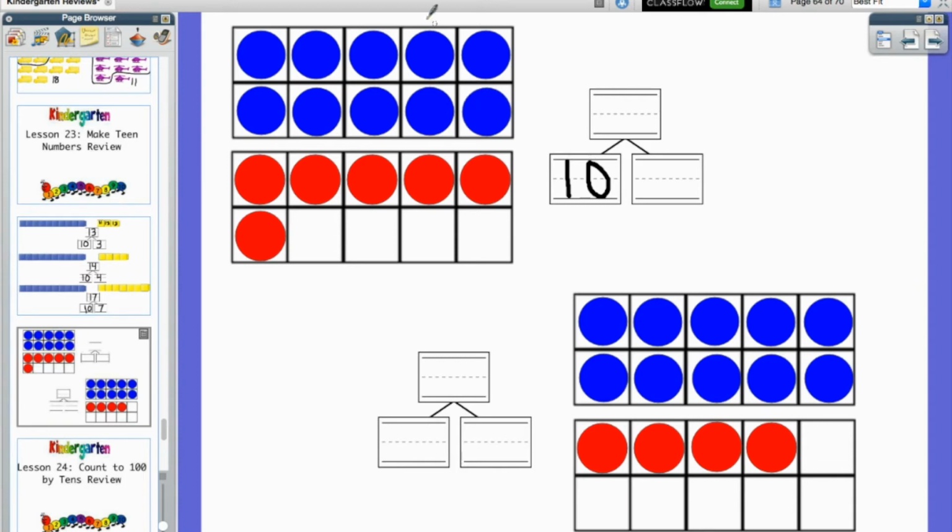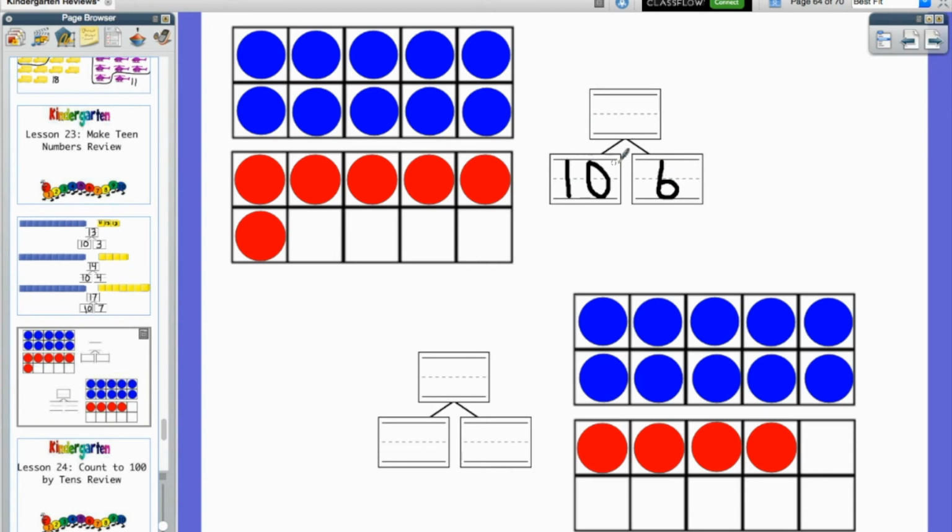So we have 10 blue chips. We have our 10 frame completely filled in. How many red chips do we have? Let's count them. 1, 2, 3, 4, 5. So we have 5 on this row, and then one more makes 6.